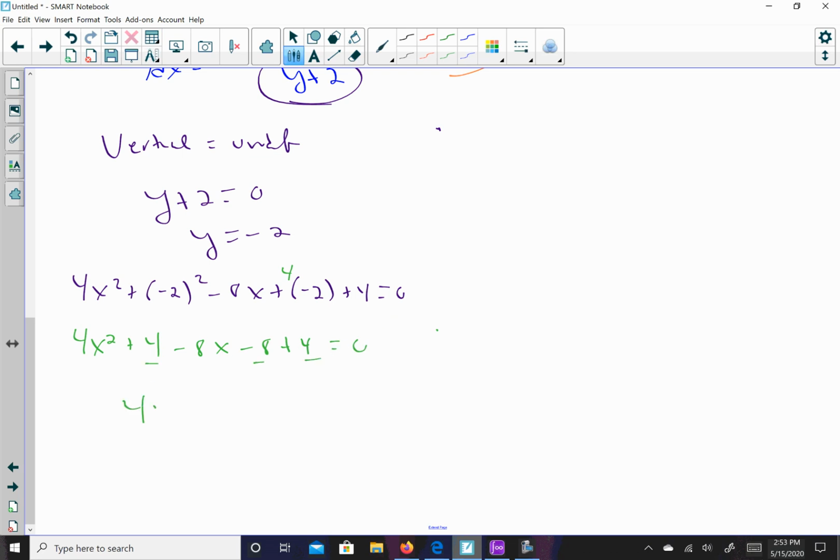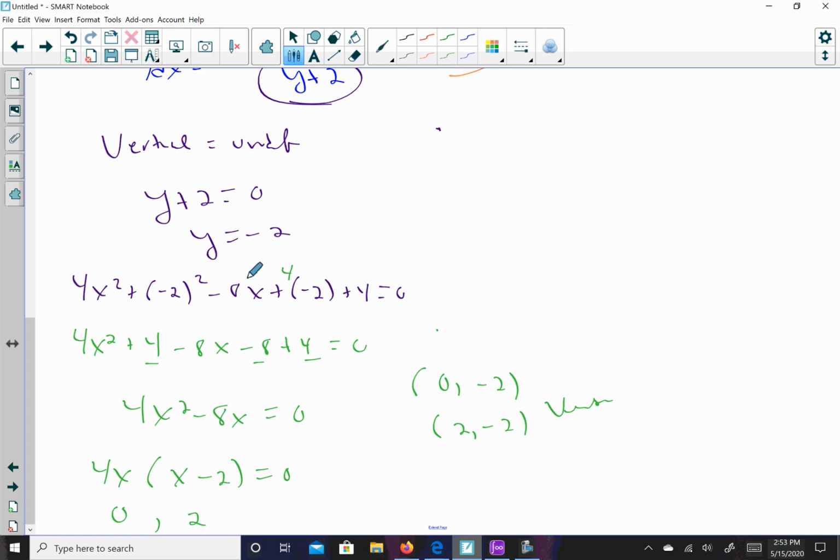So I'm left with 4x squared minus 8x is equal to 0. Factoring out a 4x, I'm going to have x minus 2 is equal to 0. So I get the x's of 0 and 2. So my ordered pairs are going to be 0, negative 2, and 2, negative 2. So these are my vertical.